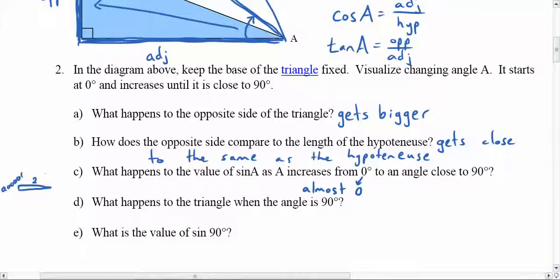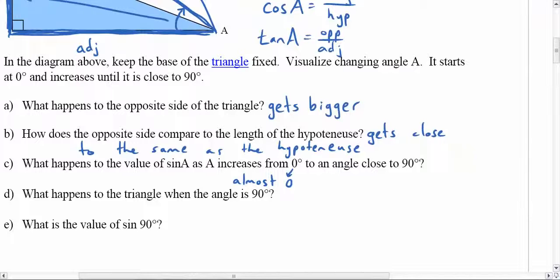Now if I make the opposite side really big, close to 90 degrees, so just a little bit less than 90, what's going to happen is I make this angle bigger and bigger. The sine is going to become almost 1, because the opposite side and the hypotenuse are going to be almost the same length.